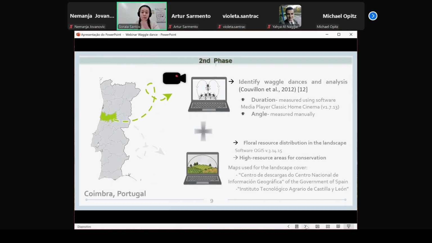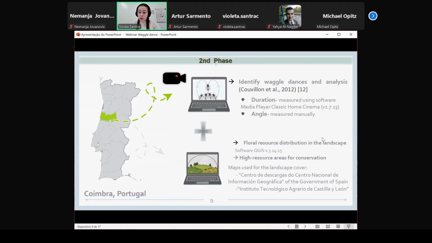In the second phase, in Coimbra, Portugal, we identified the waggle dance and analyzed all the recorded videos and registered the day and hour for further analysis. In this analysis, I would like to emphasize that only dances with a minimum of 6 waggle runs without any interruption were considered. To translate the communication, the durations of the dances were measured using this software, and the angle was measured manually.